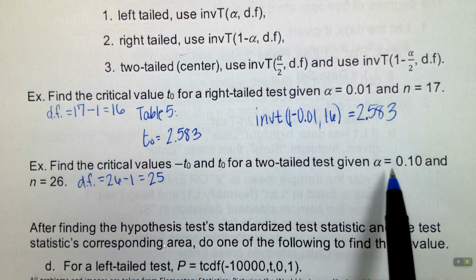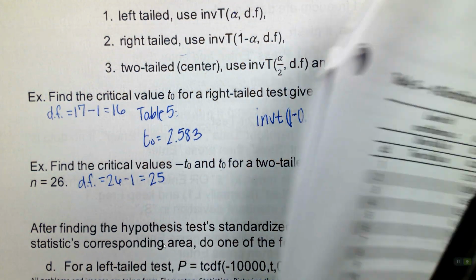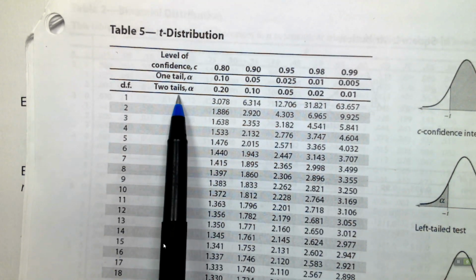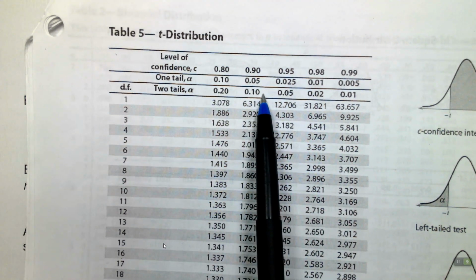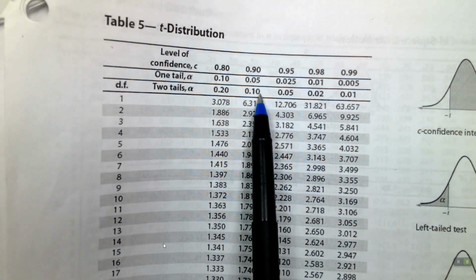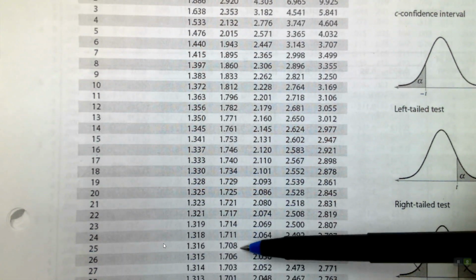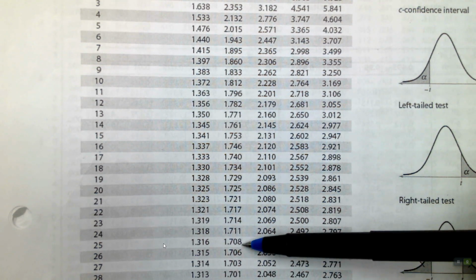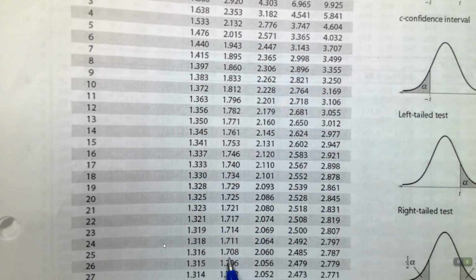When we go to our table, we want to make sure we look at the 2-tailed row. Going down to my DF of 25, 1.708.